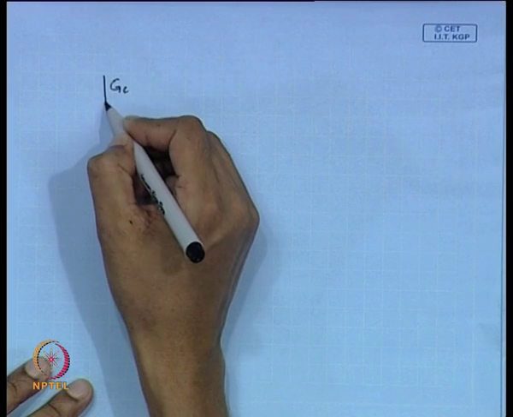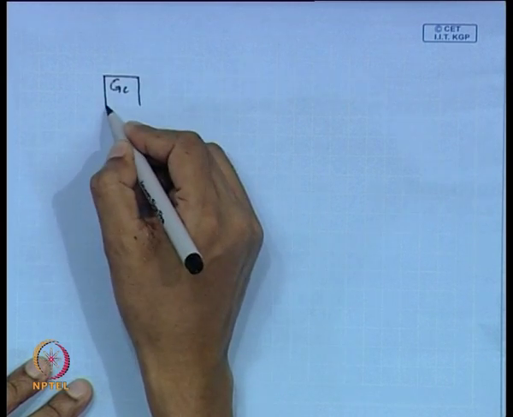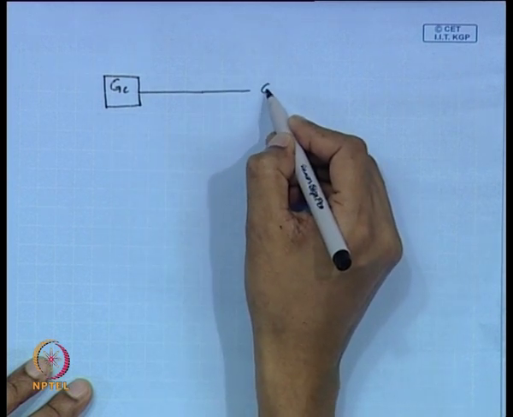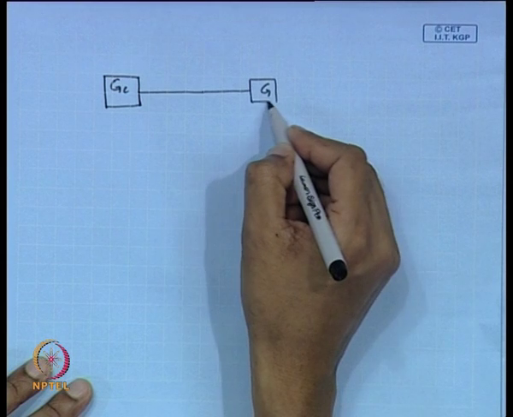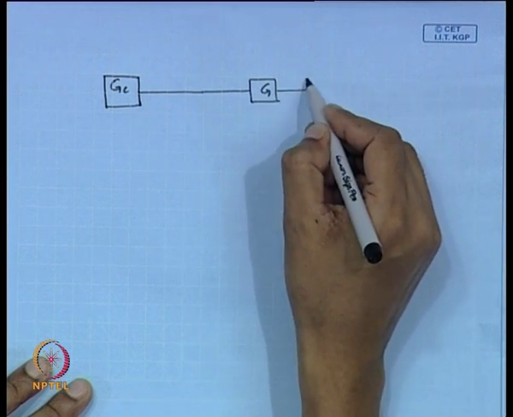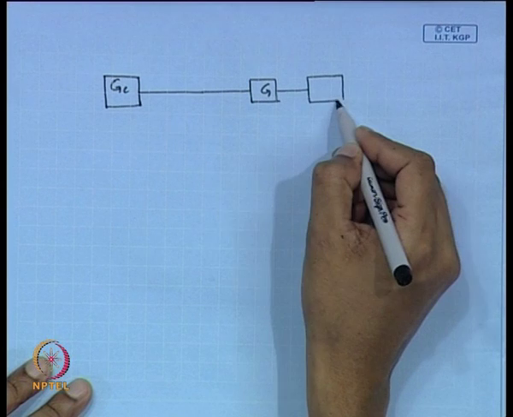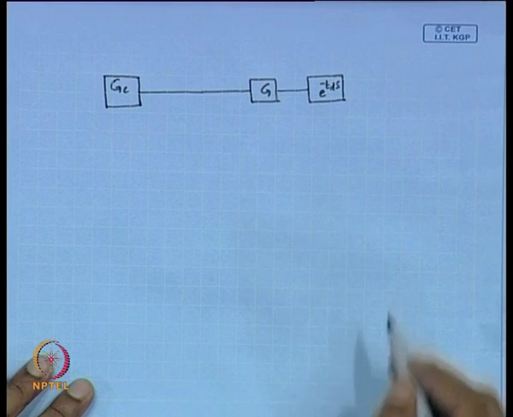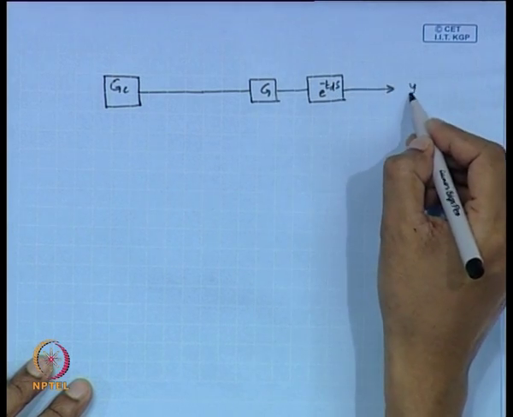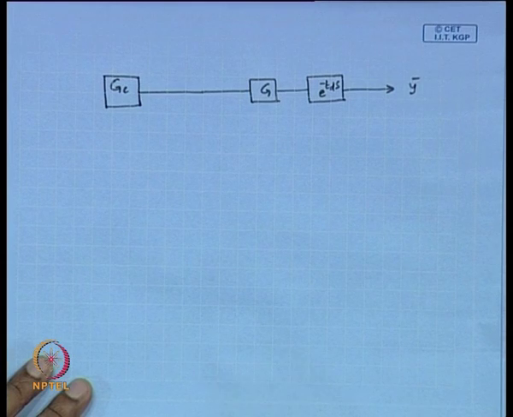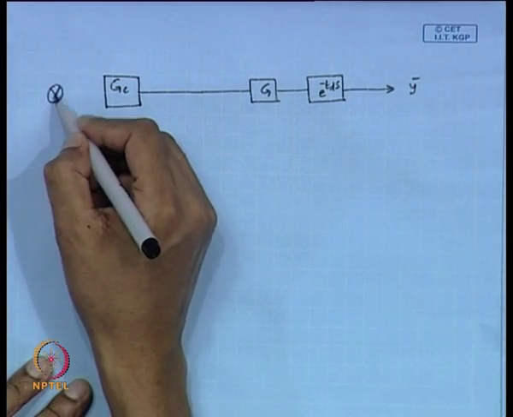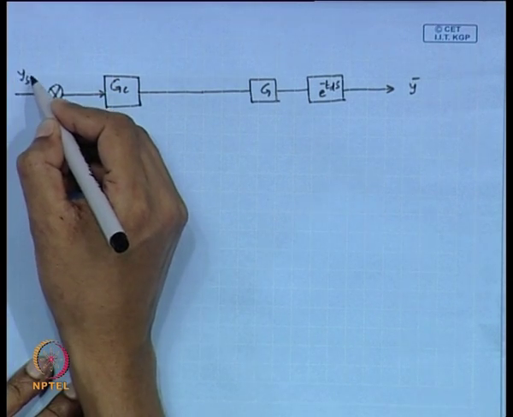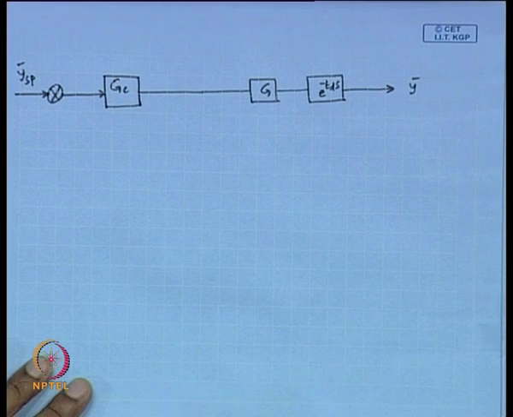This is GC, this is our process that includes dead time part, this is y bar, this is comparator, y set point.